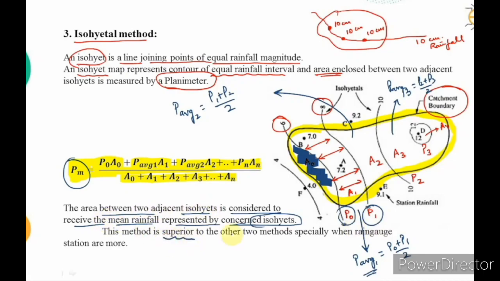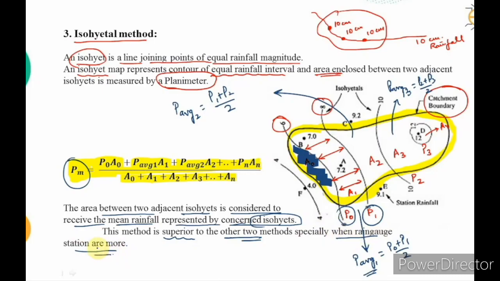This method is superior to the other two methods, that is, superior to the arithmetic mean method and the Thiessen method, especially when the rain gauge stations are more numerous.